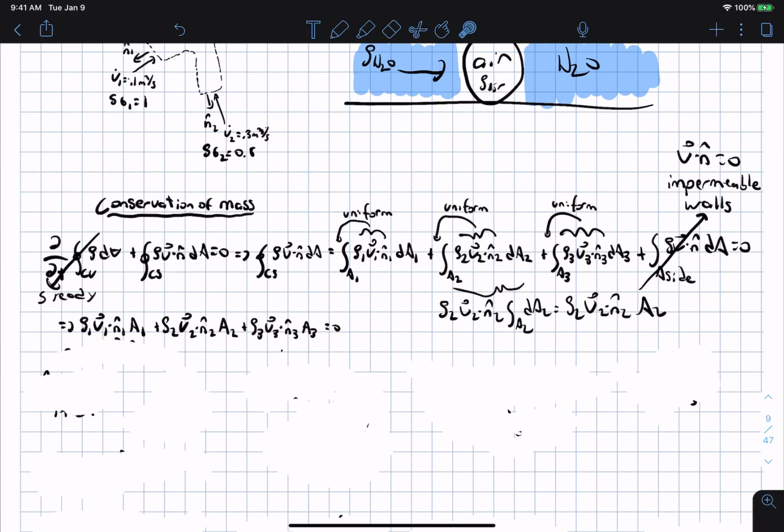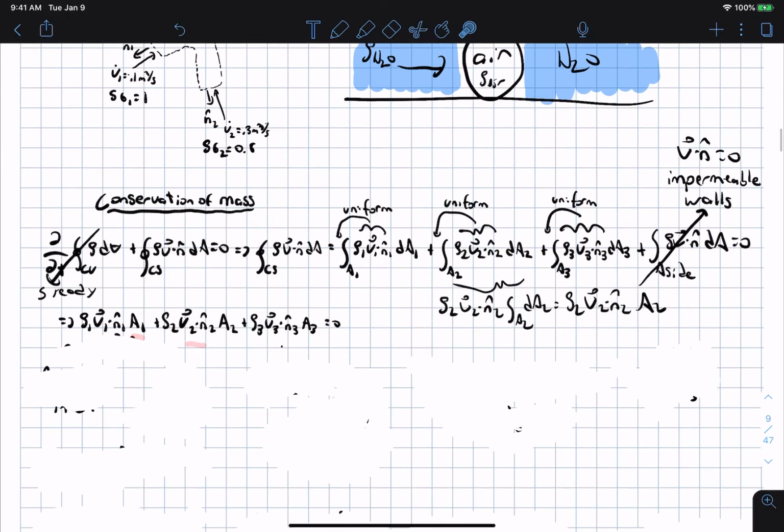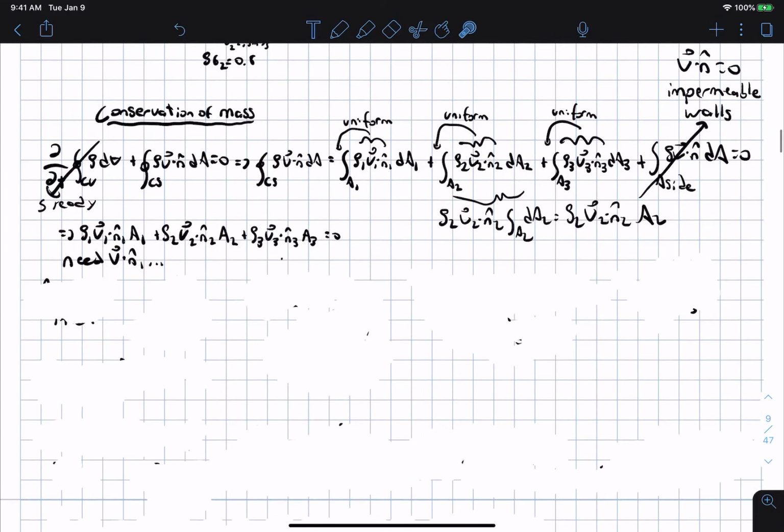So we have rho 1 v1 dot n hat 1 A1 plus rho 2 v2 dot n hat 2 A2 plus rho 3 v3 dot n hat 3 A3 is equal to 0. Okay. And so now we need all of these v dot n hats in order to complete this.